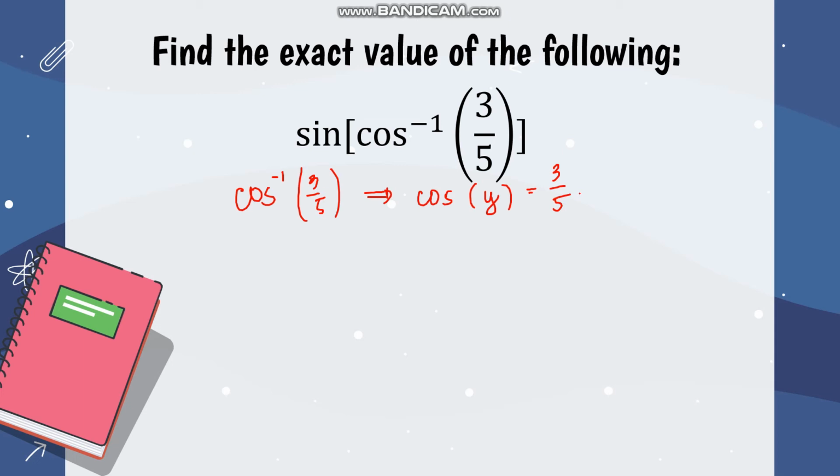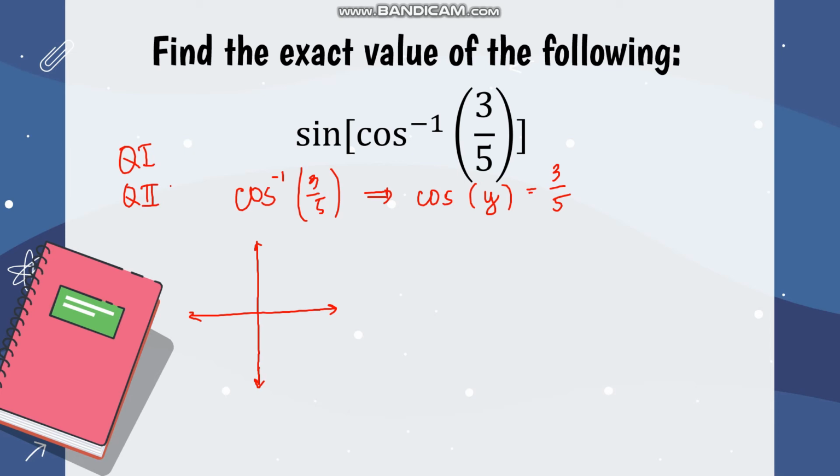Now, since we don't know the angle, what we can do is draw a right triangle. Now, how are we going to draw a right triangle? You have to draw it in our Cartesian plane. Now, you have different choices on where to put the triangle, but you have to identify the correct location. Take note, the inverse of the cosine exists in quadrant 1 and in quadrant 2.